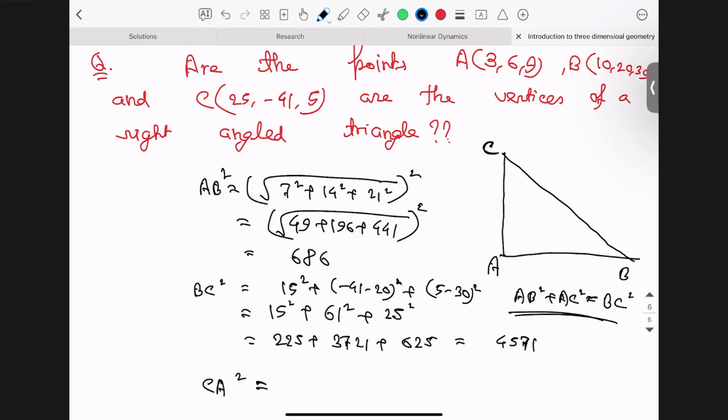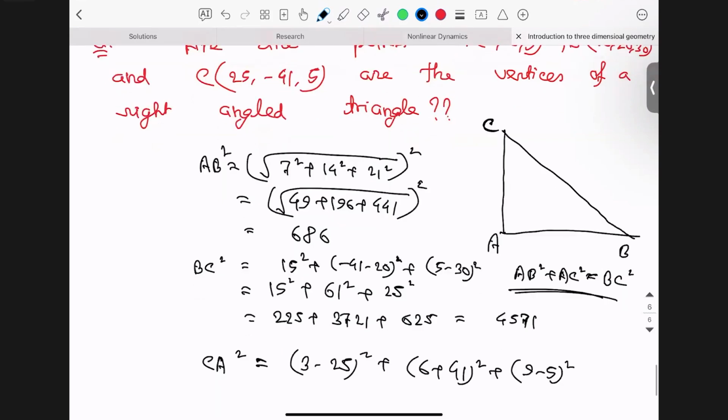So what is CA? For that we can do C minus 25 whole square plus 6 plus 41 whole square plus 9 minus 5 whole square.